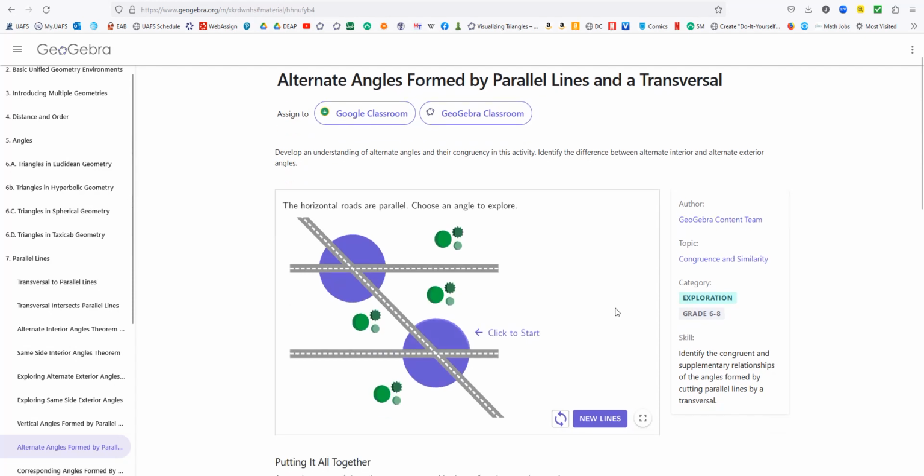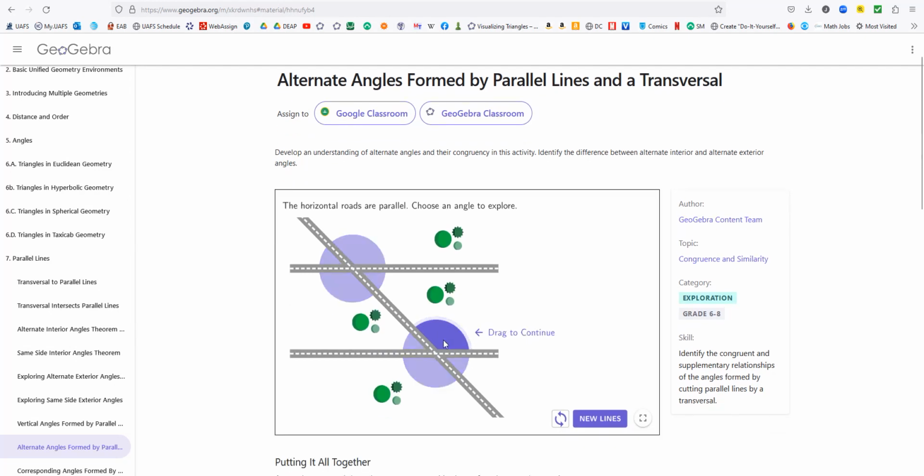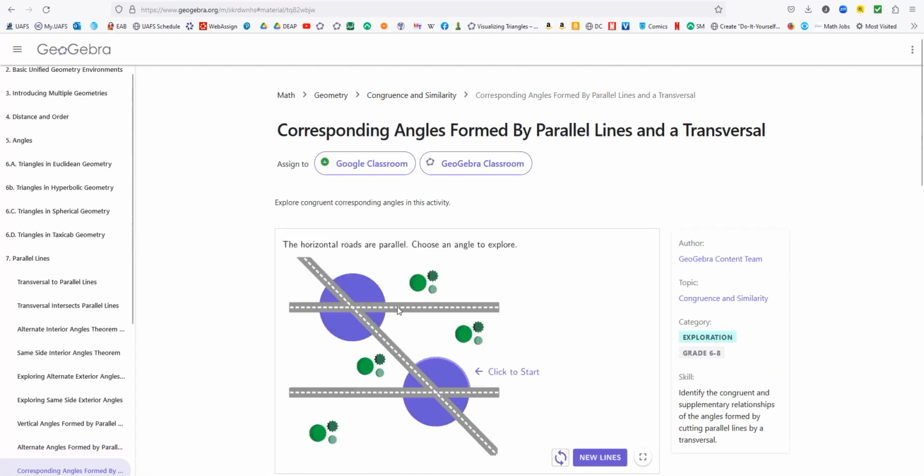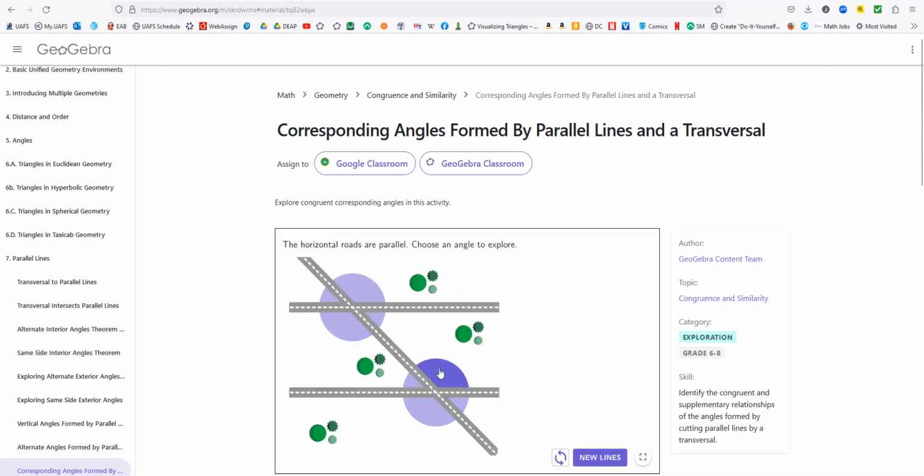Here's another one, showing you corresponding angles. And there's an alternate interior pair there. Congruent. Here's one where we're looking at corresponding angles there, corresponding there, corresponding there, and so forth.